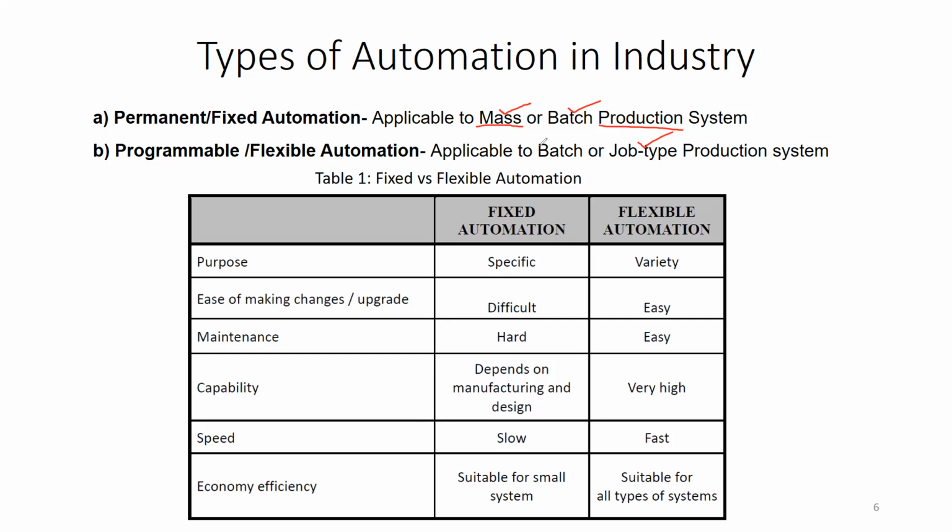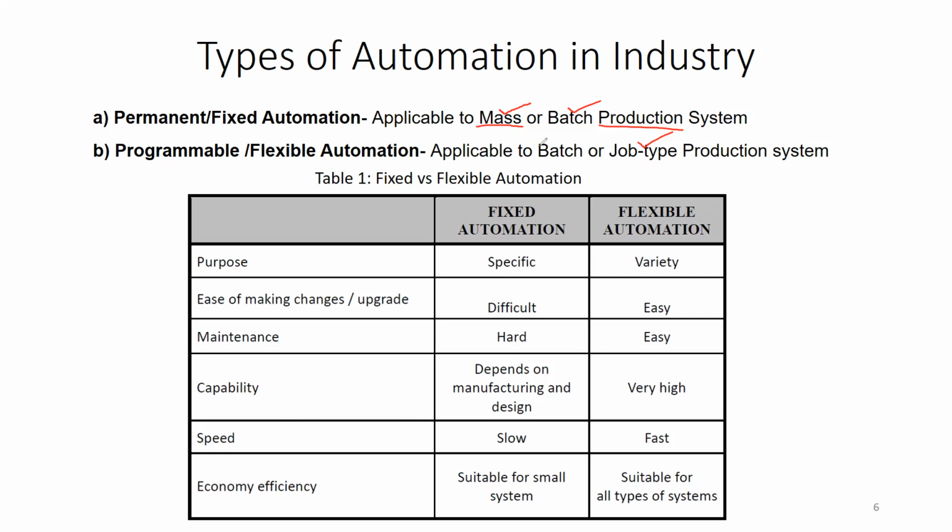So you would be giving trials to different types of products by making small changes here and there. You will be testing it. So that is prototyping. That is another example of a job type of production system where a single part is produced.